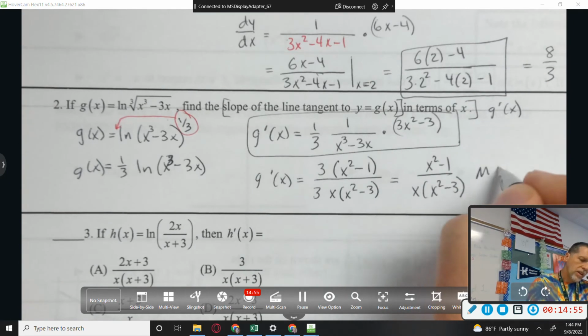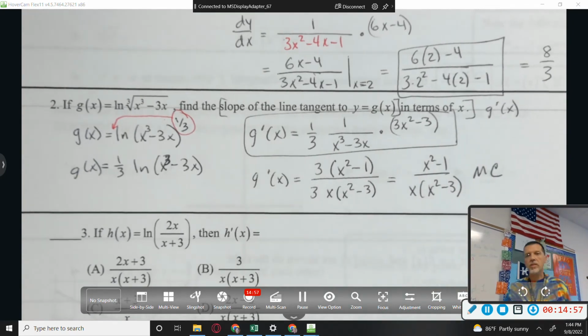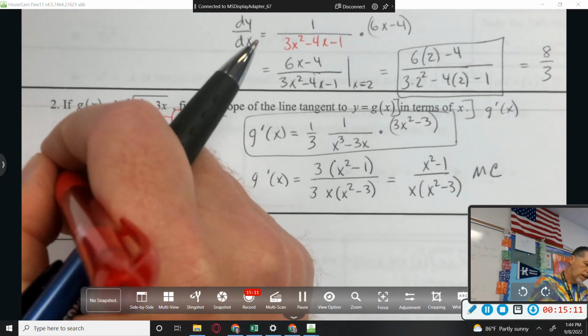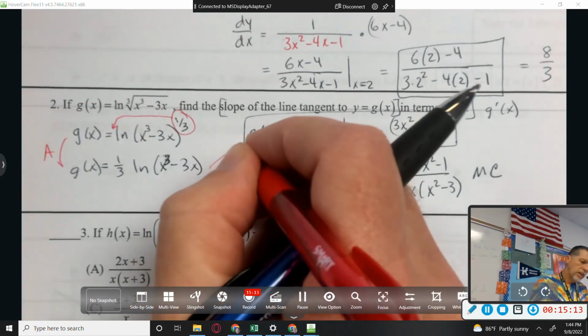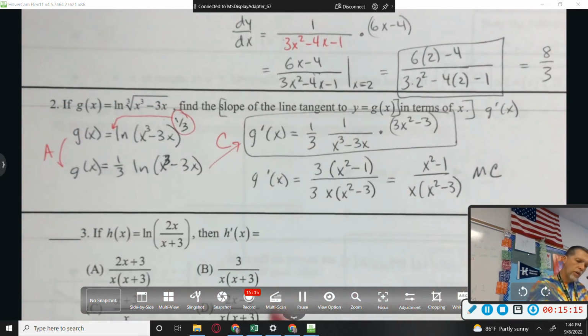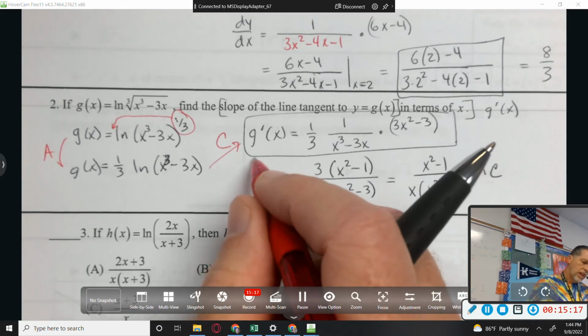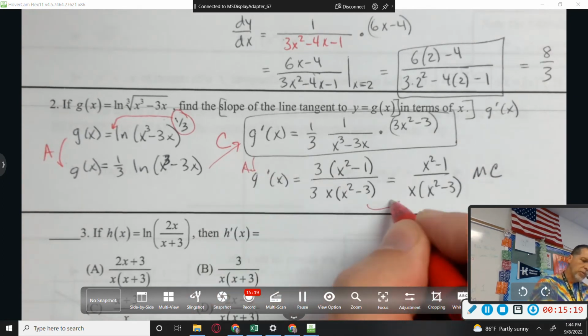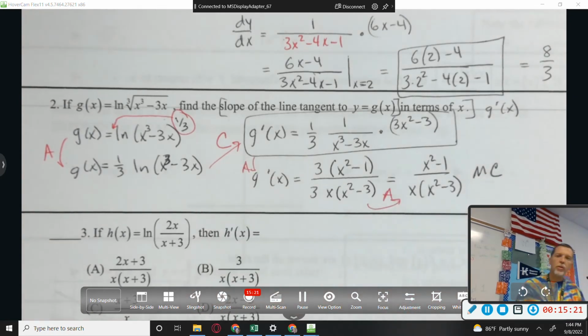Or my multiple choice answer. This is one of those places where first step is algebra, second step is calculus, and then more algebra and more algebra. So it's like 3/4 algebra, 1/4 calculus.